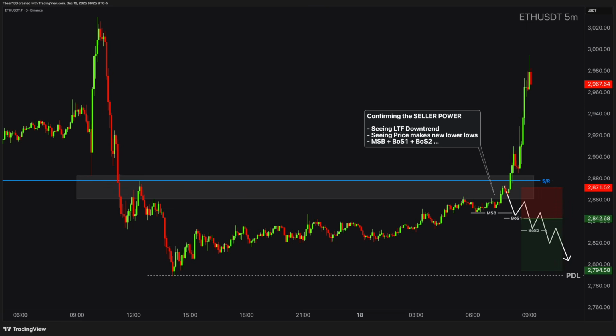This could have been a great trade in my opinion, but unfortunately that confirmation never happened. So, like I always say, combining liquidity, imbalances, and structure together all at the same time will give you the best and highest probability setups in your trading journey.